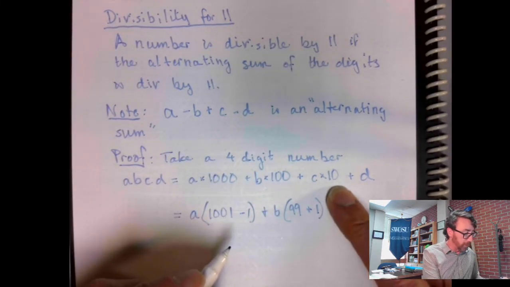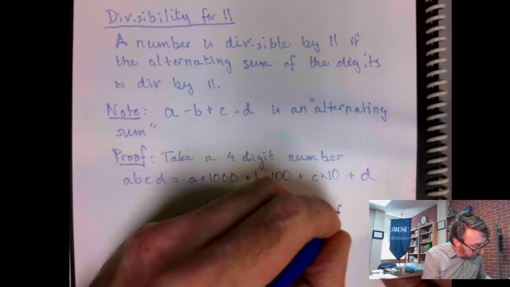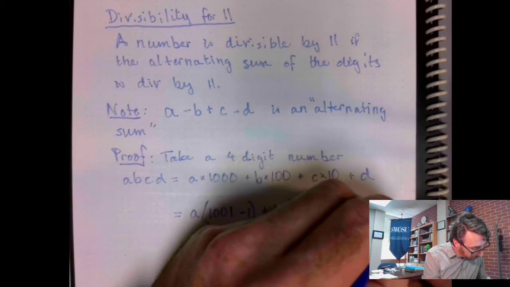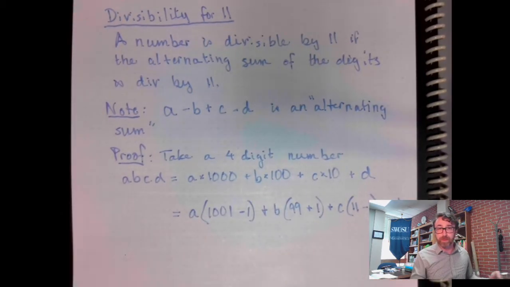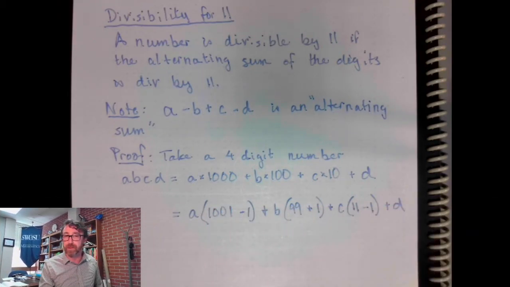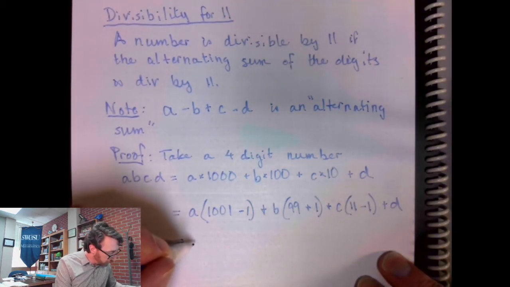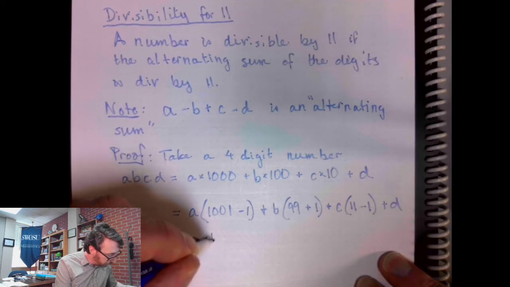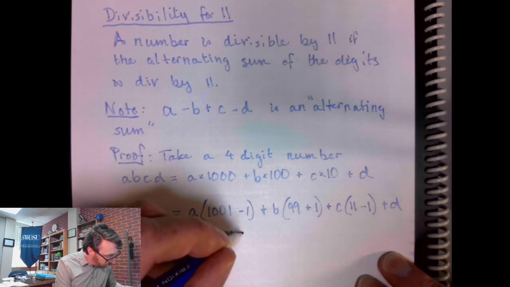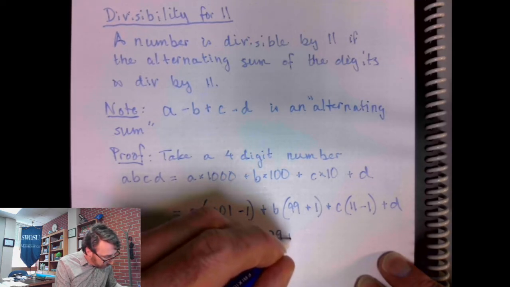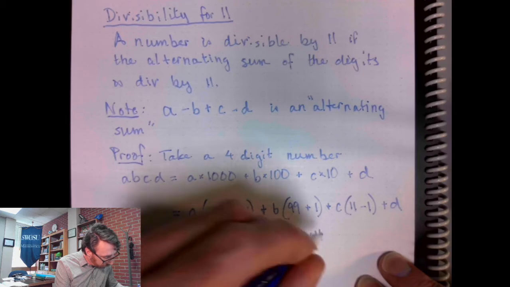Okay, now over here, I'm going to bring in an 11. So instead of seeing a 10, I'm going to do 11 minus 1. Whoops, I'm in the way. Let me scooch over here to the left. Okay. So if I break everything up, I'd have A times 1001 plus B times 99 plus C times 11.